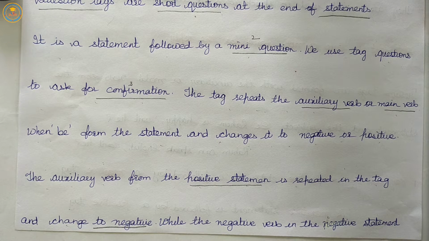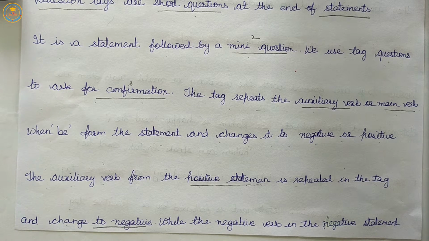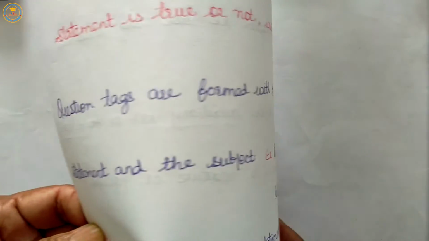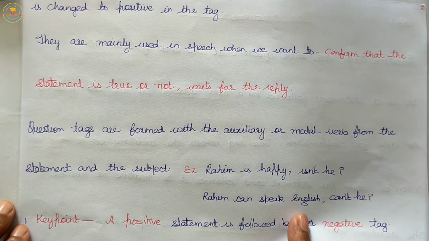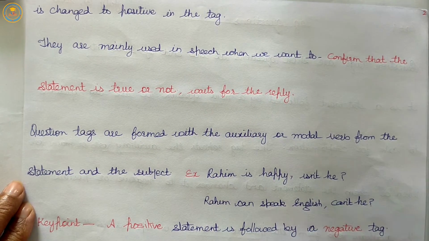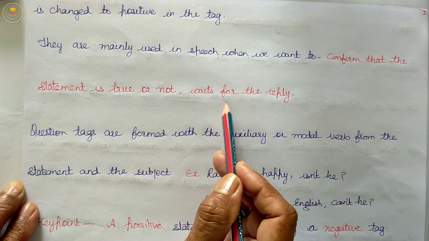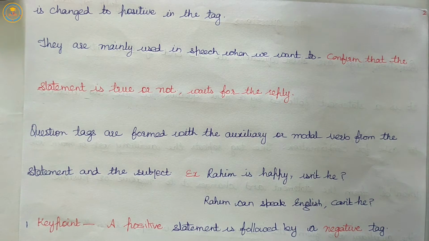So, whenever we form a tag question related to a statement, a sentence that is positive will have its tag question in negative, and a negative statement will have its tag in positive. They are mainly used in speech when we want to confirm whether the statement is true or not, or wait for a reply, that is confirmation.